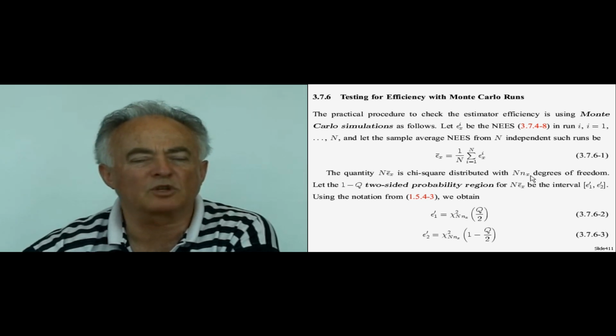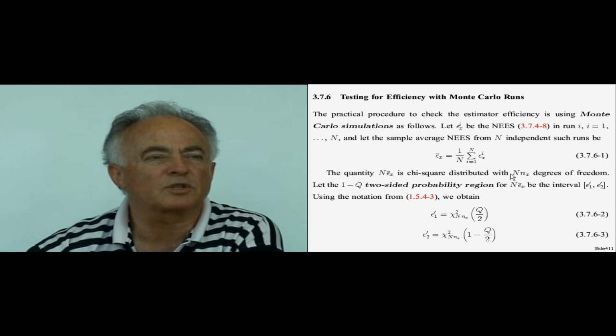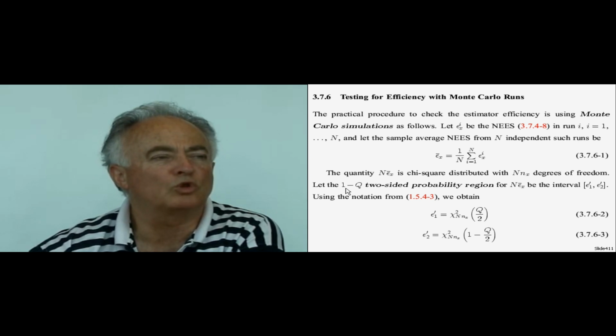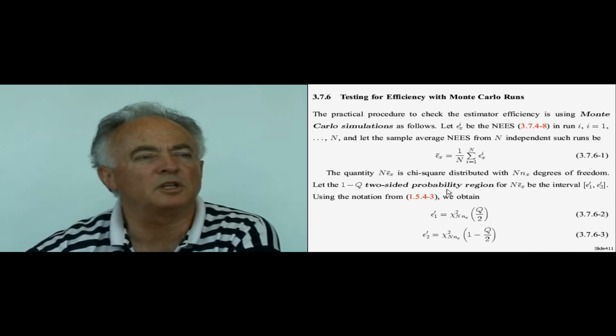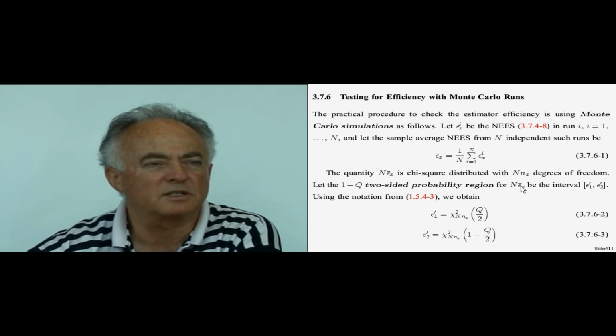The sum of N such independent chi-squares is an N times n_x degree of freedom chi-square distributed random variable.